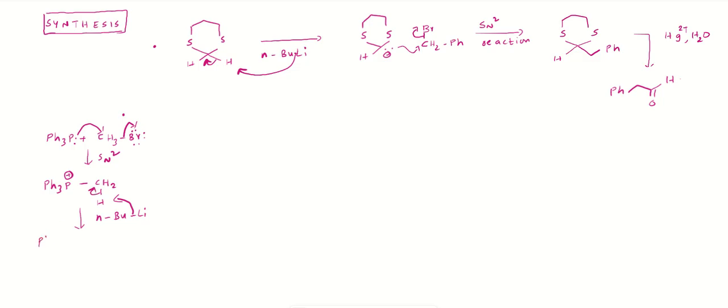So we'll get an ylide, a phosphorus ylide. If we write a resonance structure for this, we'll get the phosphorane form. This is what we call methylene triphenylphosphorane.